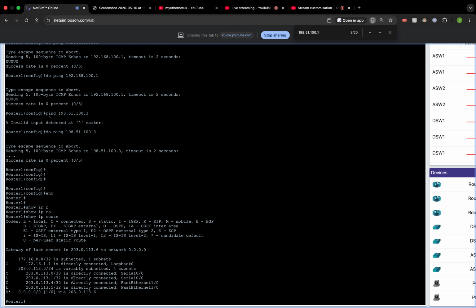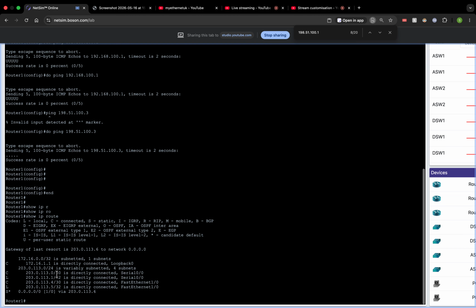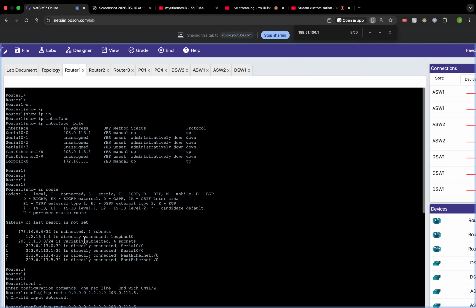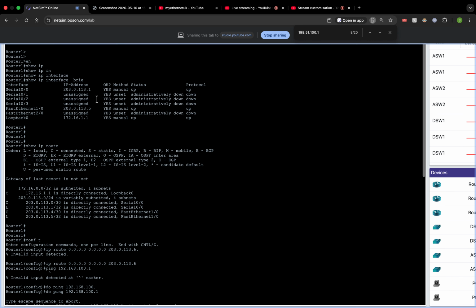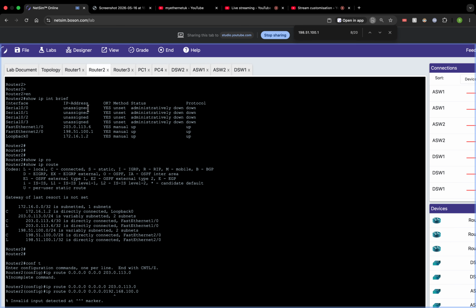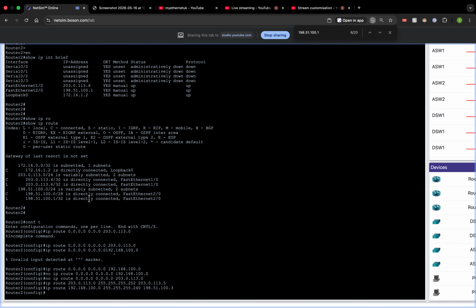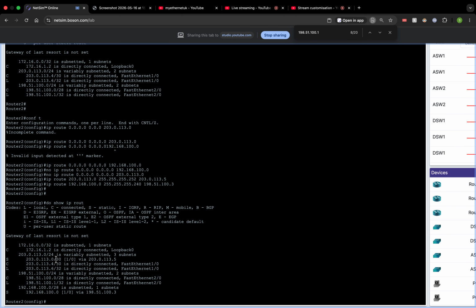Now let's go back to the document. We've done that, excelente. We can ping that from router 1, router 2 and DSW1. We need to issue the commands to display the routing tables and see which routes we have now.